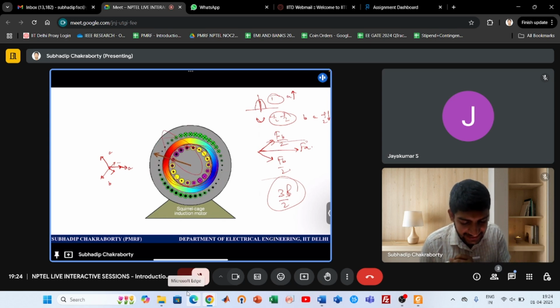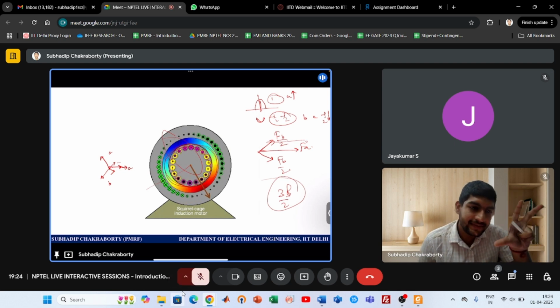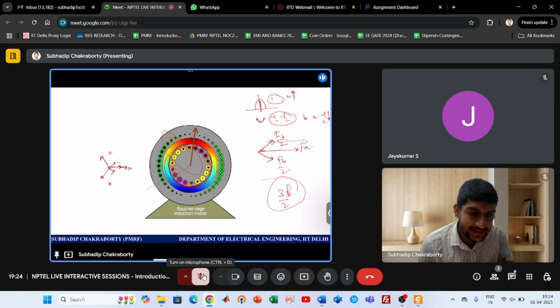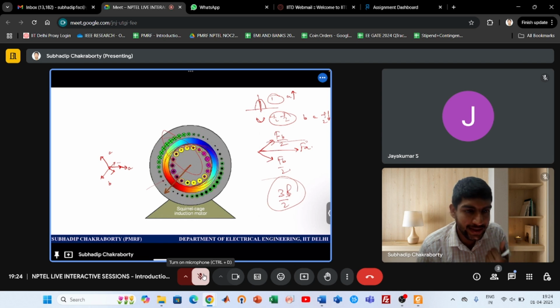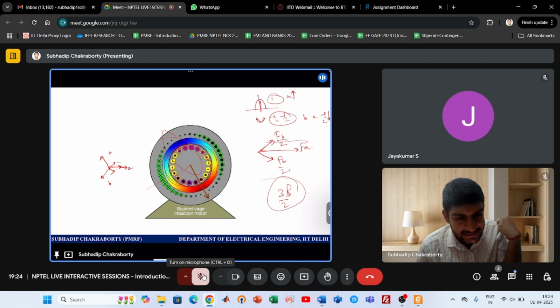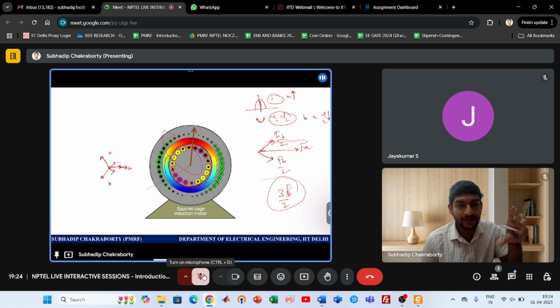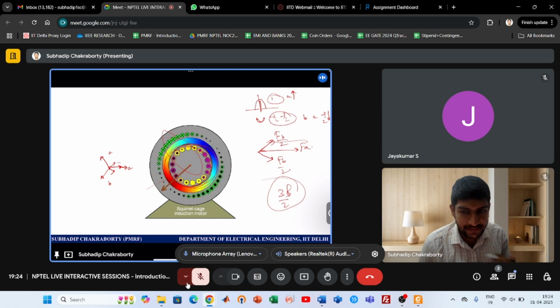So that's why the field flux strength is constant, but it is rotating. And the polarities are varying because it is a time varying sinusoidal signal. The coils will receive time varying voltages, but due to the time variation in the voltages of the A phase coil, B phase coil, and C phase coil, the flux will be of fixed magnitude. That is the beauty of the system, but it will be rotating in space.